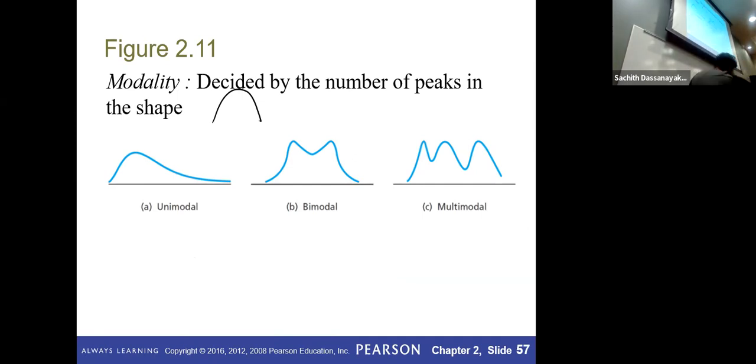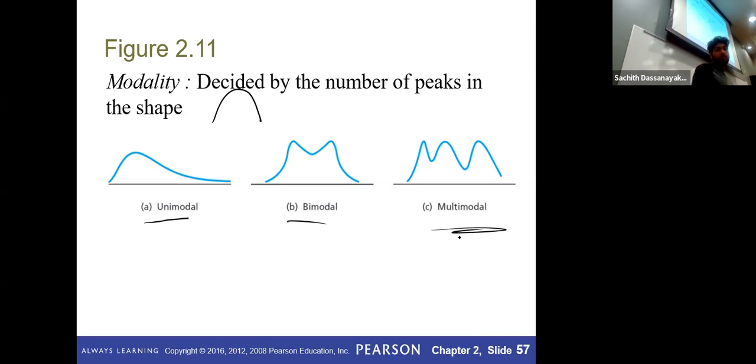It's going to be like this, a perfect normal bell shape, like in part A, unimodal. So we are discussing unimodal only, which means the distribution has only one peak. Then we have bimodal, which has two peaks. If it goes more than two, we call it multimodal, based on the peaks.